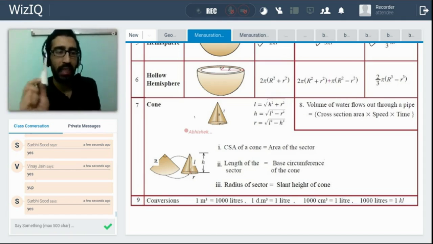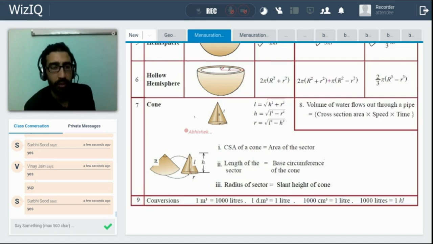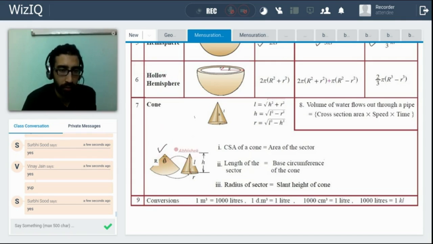So what I want to say here is, as you can see in the diagram, you can make a sector of angle theta into a cone by changing this arc into 2 pi r, the circumference of the cone, by taking the radius of the sector to be the slant height.